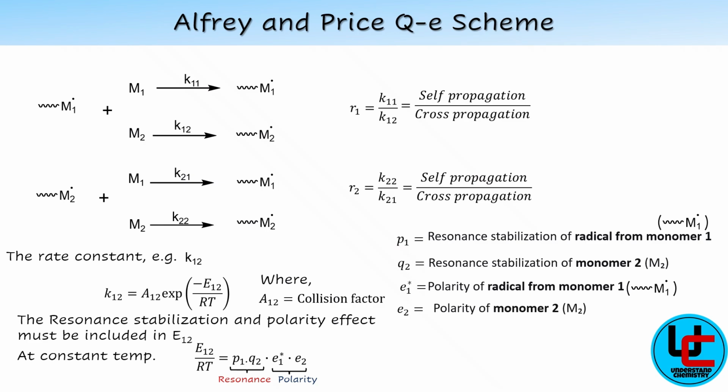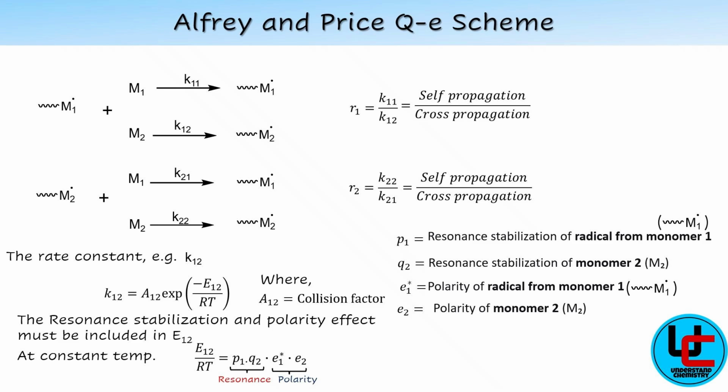In this equation, P1 is the resonance stabilization of a radical from monomer M1, Q2 is the resonance stabilization of monomer M2, and E1 star is the polarity of the radical from monomer M1 and E2 is the polarity of monomer M2. These four parameters allow us to separate and quantify the resonance and polarity effects influencing copolymerization.